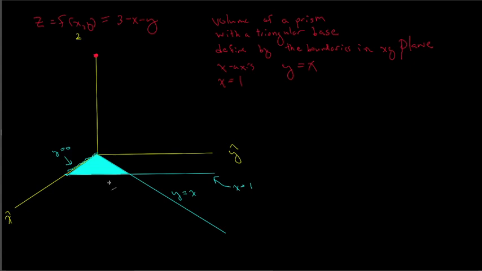So let's see, if I'm at 1 in x and 0 in y, then this is going to rise to a height of 2. So I'll come over here, 1 in x, 0 in y, right? Because if I'm at 1 in x and 0 in y, then this is 2. And if I come over here, I'm at 1 in x and 1 in y, so this is going to rise to a 1.